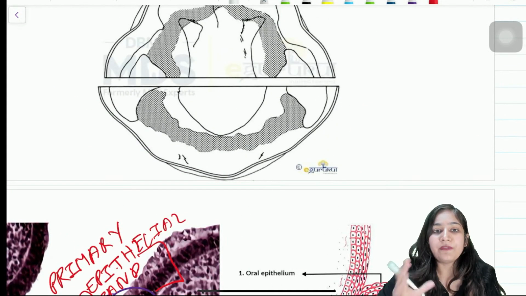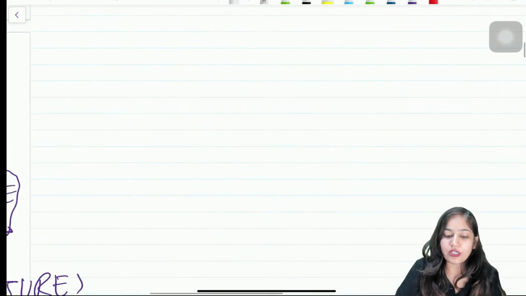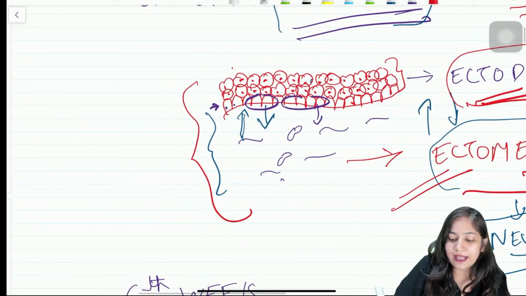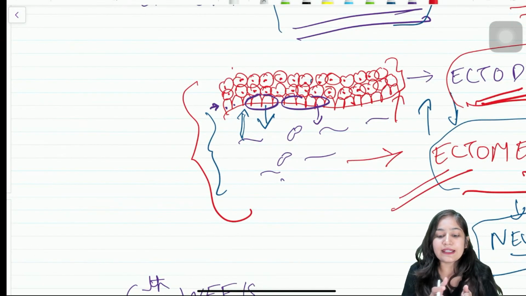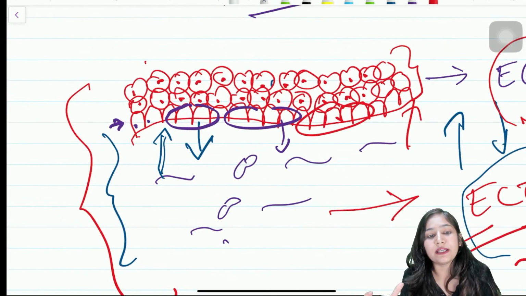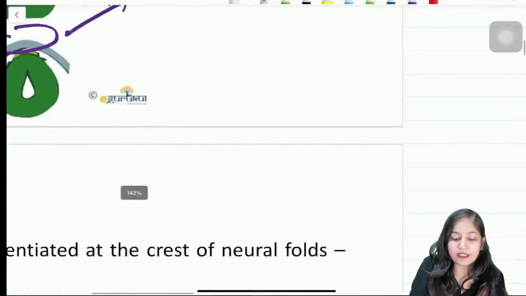So, when the buccopharyngeal membrane ruptures at about the 27th day of gestation, the ectoderm will come in contact with the ectomesenchyme, leading to the initiation of tooth development. At the 6th week, the basal layer of this ectoderm will proliferate more rapidly as compared to the adjacent cells, leading to the formation of a thickened band.